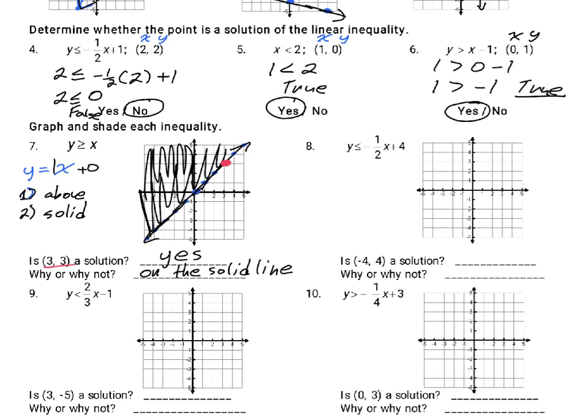Same sort of thing we're going to do for number 8. Okay, this one is less than or equal to. So it is going to be below and solid. Below and solid.